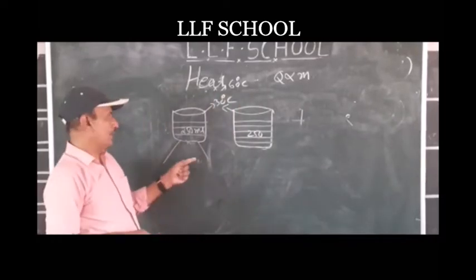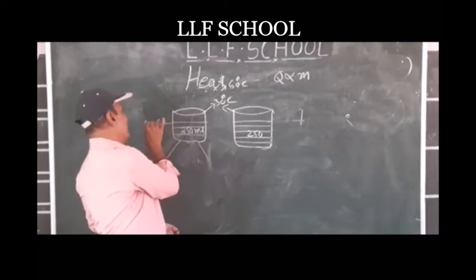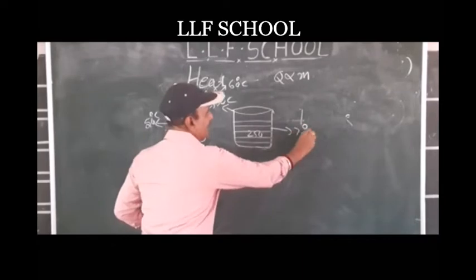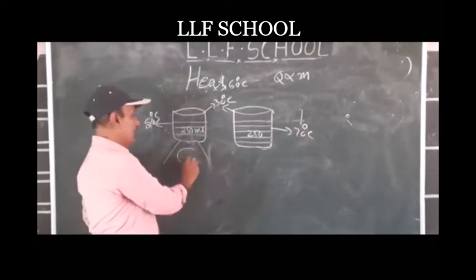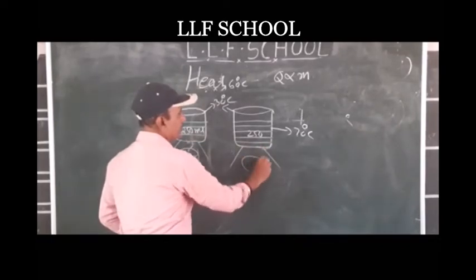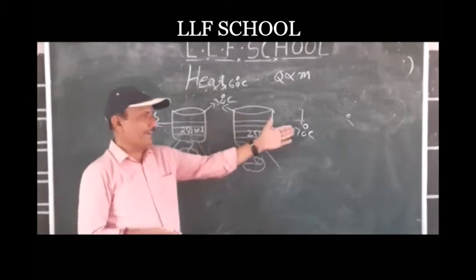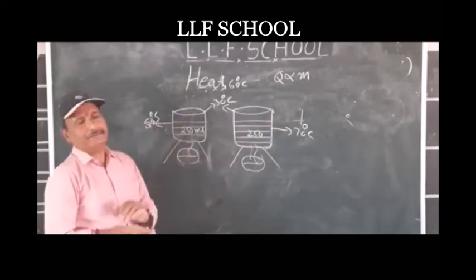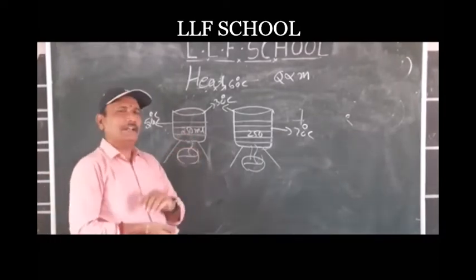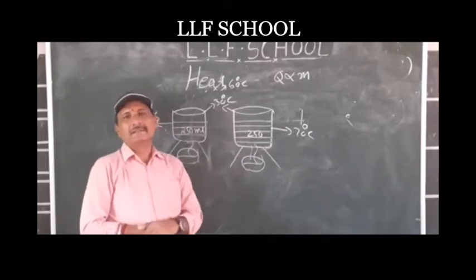Now we want to get the temperature of the first one up to 50 degrees and the second one up to 70 degrees centigrade. We supply the same quantity of heat for both. One goes up to 70, the other only up to 50.